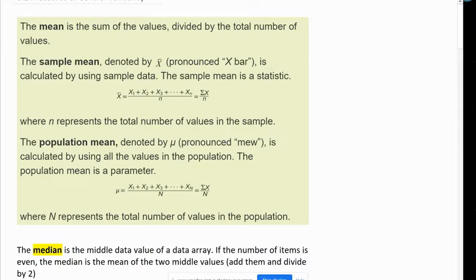However, if you are using the entire population, if you have data on every single person or object in the population, then it's called the population mean, and it's calculated the same way, but it's pronounced mu. So we use the Greek letter mu to denote the population mean. So that's the only difference between x bar and mu, is that x bar is for a sample and mu is for an entire population.